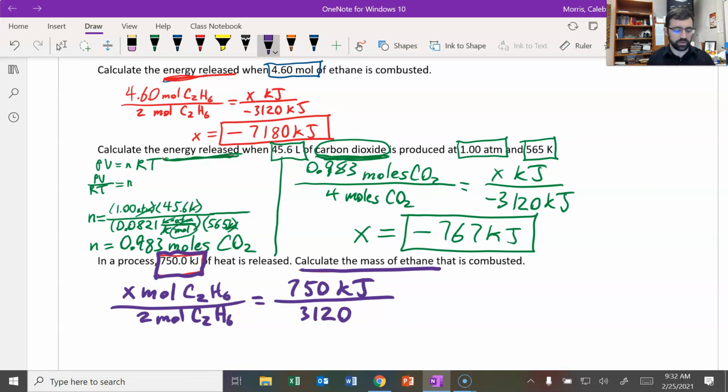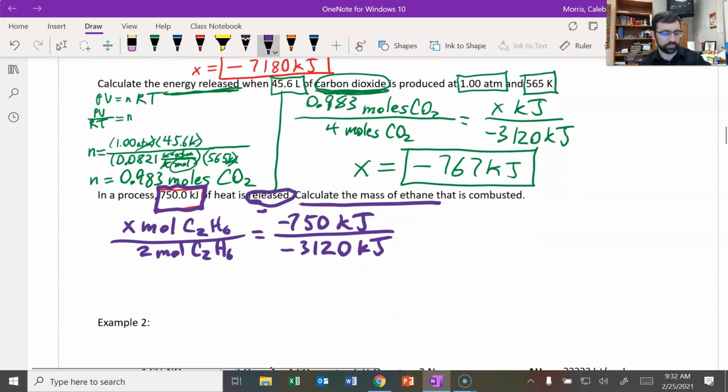Now I need to make sure I'm paying attention to my signs. This is negative 3,120 kilojoules, but this says released, which we learned last class means it's a negative change. That's negative 750 kilojoules. Cross multiply, solve for X. X equals 0.481 moles.